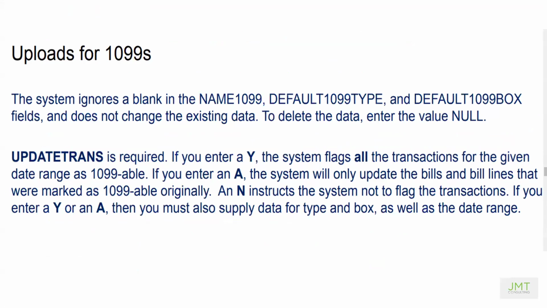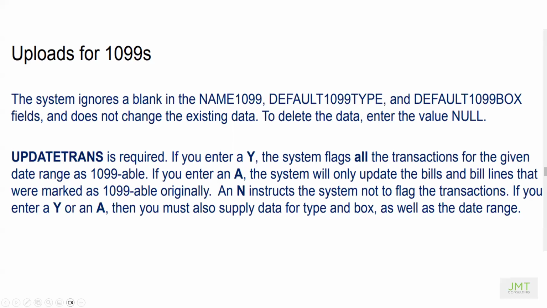What's different for the uploads, like the ones that we just talked about, for the transaction updates, if you leave, for example, the default 1099 type and the default 1099 box blank on this one template, it will ignore blanks and it will not change the existing data.